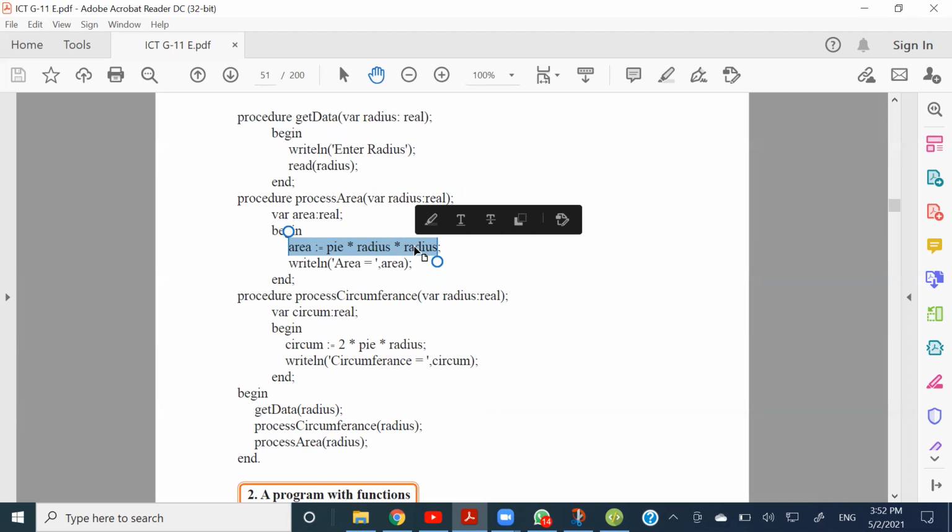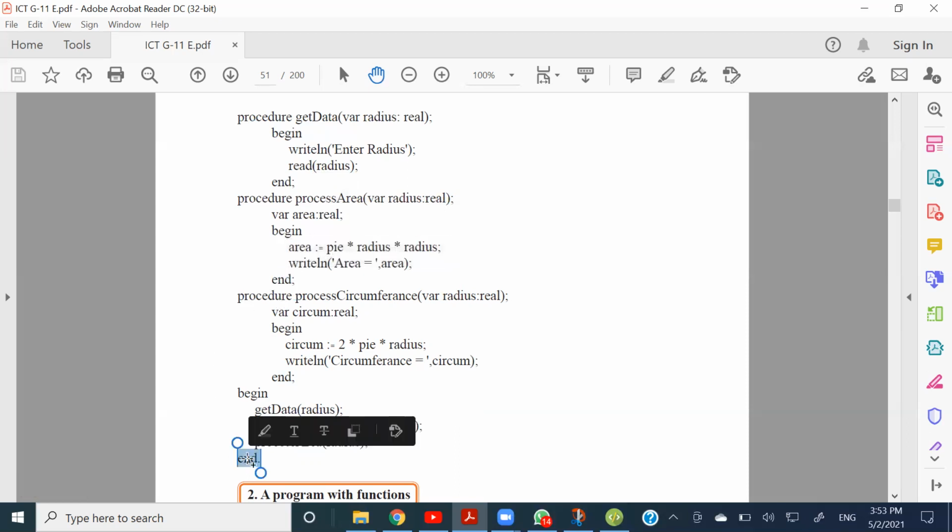And radius, we know what the value of that is. It is given by the user. So area is given, like in the monitor it says area equals and the value of the area, right? So then it ends. Once it ends, it will return to the end statement of the program.